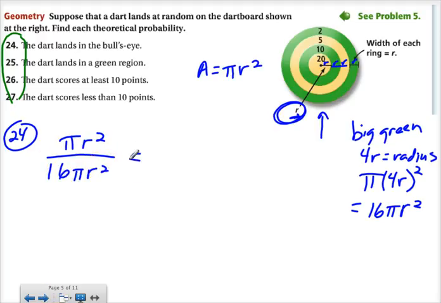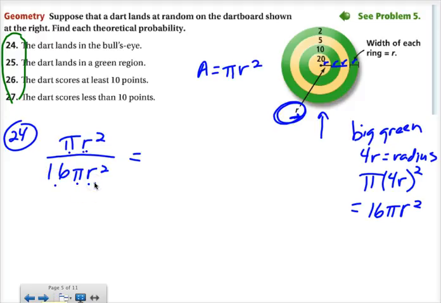Now, good news. When you look at this, you'll notice, hey, I've got all multiplication on the top and all multiplication on the bottom. And if you're saying to yourself, wait a minute, there's a power there too. There is, but powers are just multiplication. So your numerator here is pi times r times r. That's what that is. And your denominator is 16 times pi times r times r.